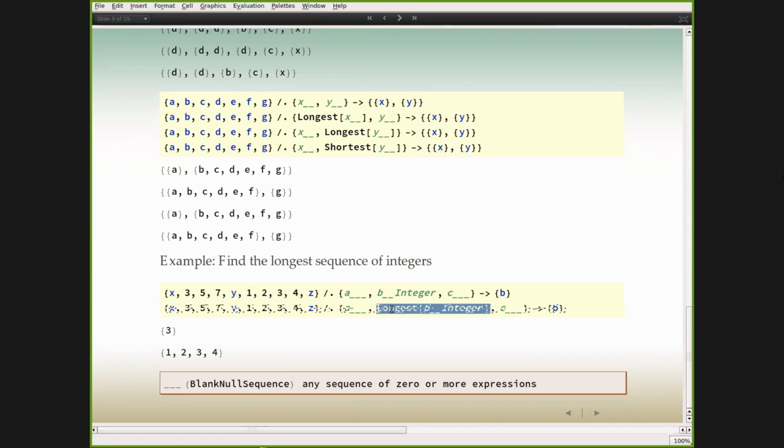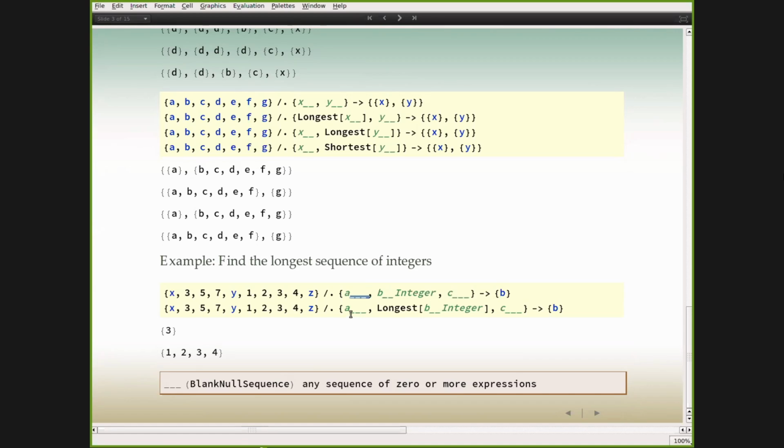If you don't specify that it has to be the longest, Mathematica will return the first found, and here the first found is just the 3, since by default it is the shortest. And maybe you have noticed that here I have put something new.